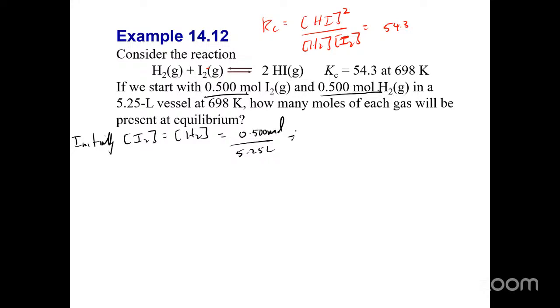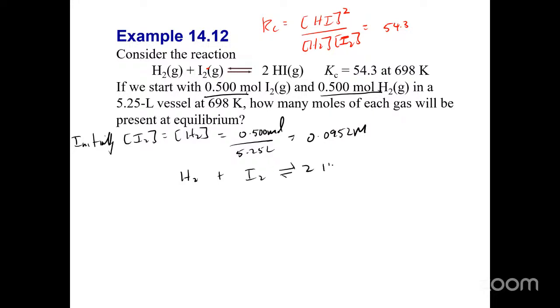So we have to do that calculation first, 0.5 divided by 5.25. According to my calculation, this works out to be 0.0952 M.